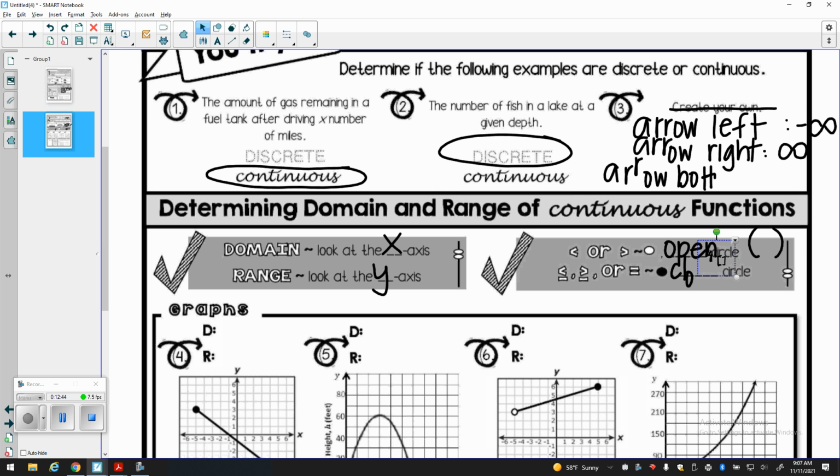Arrow bottom, you'll see what I mean when I do it, I promise. Arrow bottom is negative infinity. I can't fit the last one. Arrow top is positive infinity. You need to have all four of those written down. Left negative, right positive. Bottom negative, top positive.